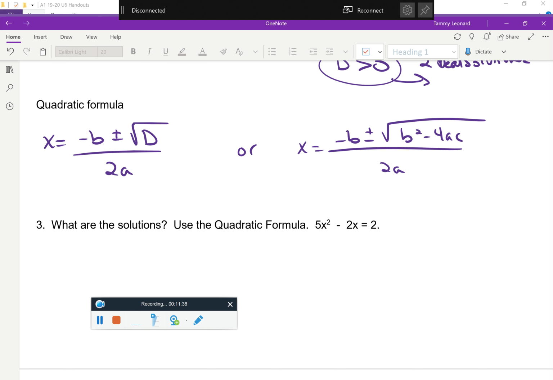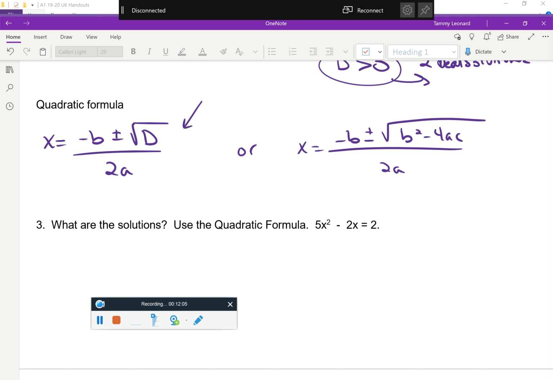That's great. I will tell you I actually prefer this method because I like people to be in the habit of calculating the discriminant first and then plugging it in, both because sometimes that's the only work they need to do, and by being in the habit of calculating it first, sometimes they realize they don't need to go any further. But also because I find people have a tendency not to remember that that whole b squared minus 4ac goes underneath the radical.